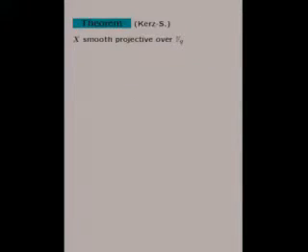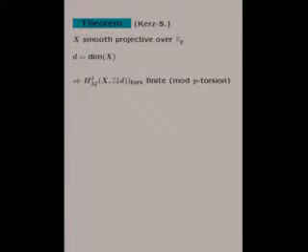Here's the theorem, which is a consequence of the previous theorem of Kerz and myself. X is a smooth projective variety over a finite field of dimension d. Then we show that the torsion part, at least the prime-to-p torsion part, of the motivic cohomology group is a finite group.